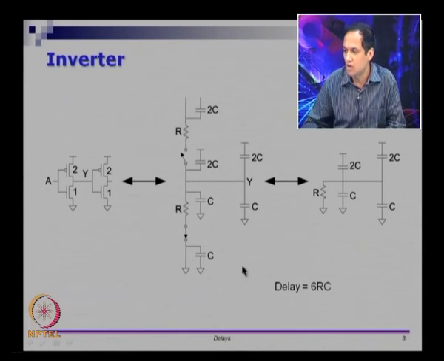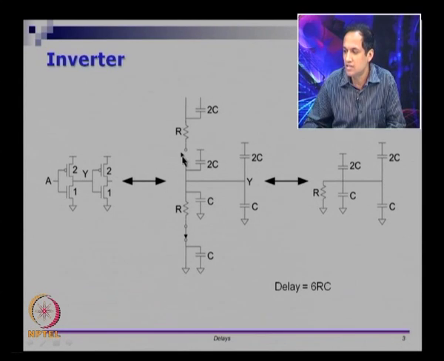When this device is on, this capacitor does not have to discharge. So, it is already at 0. You have this capacitor here and this 2C here, and this 2C and C are here. So, if you add all of that up, that is 6C. So, delay is 6 times RC for this inverter to pull down the output from 1 to 0.